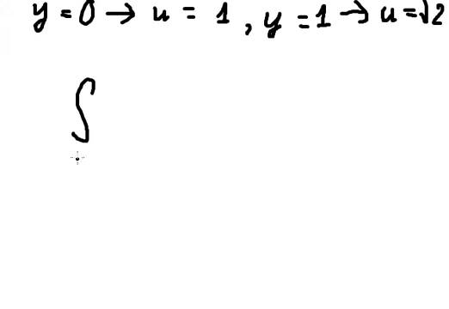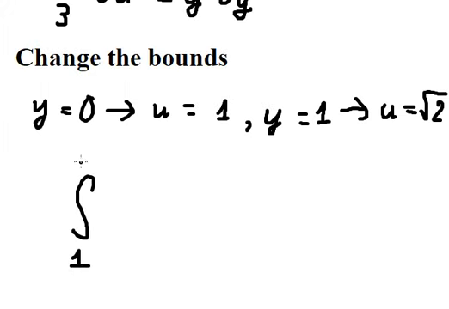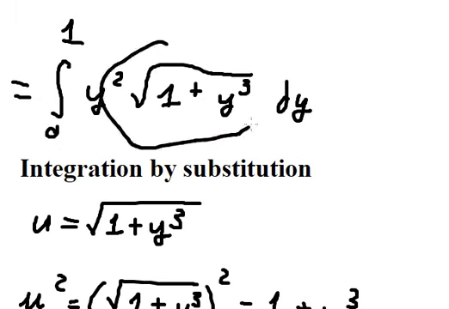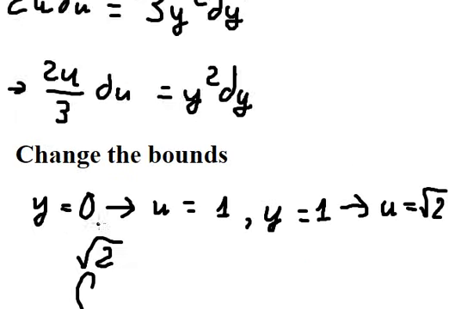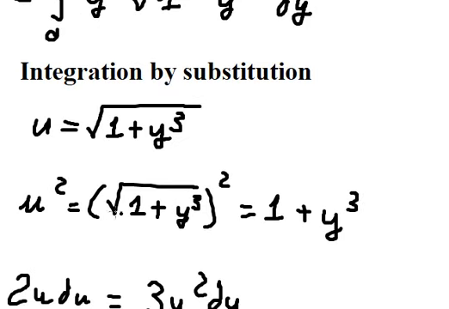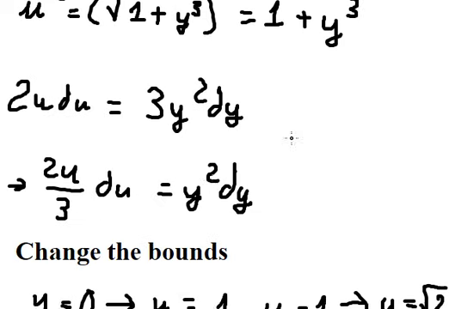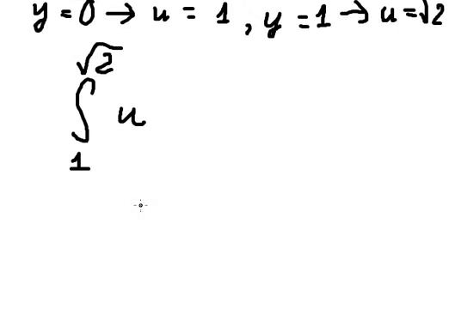So number 0 we change to number 1. Number 1 we change to the square root of number 2. The square root we change to u. y squared dy we change to 2u over 3 du.